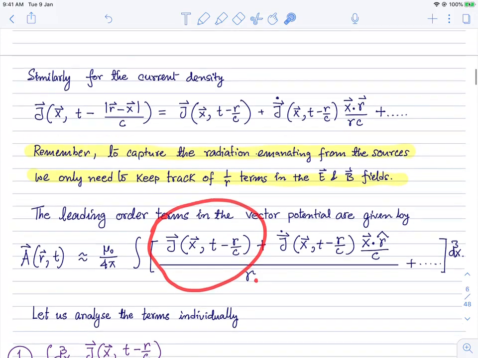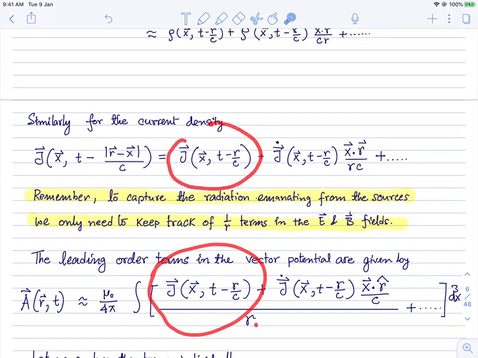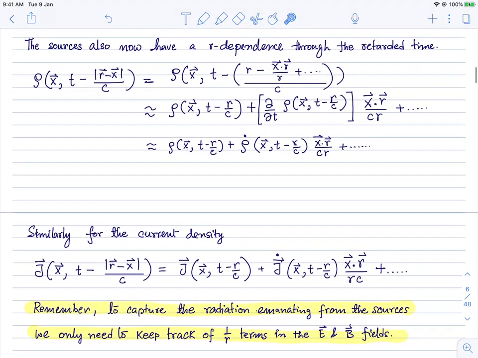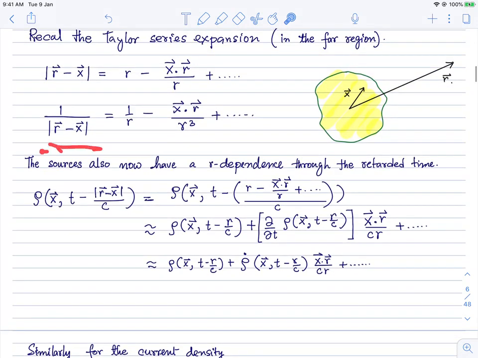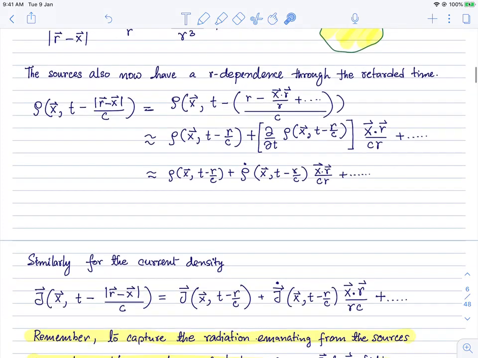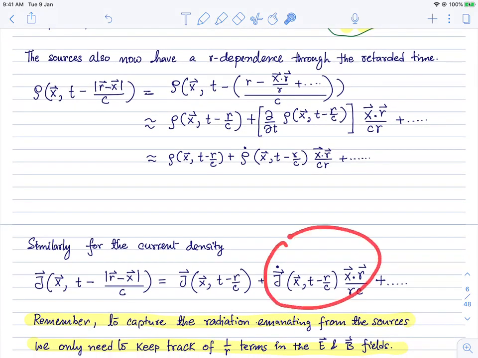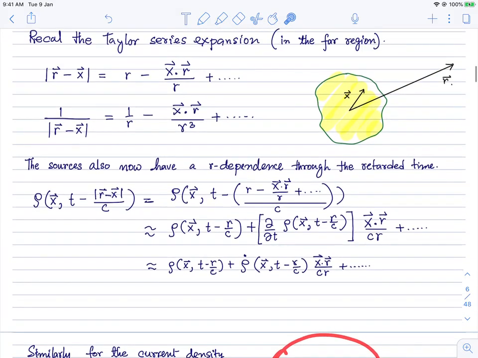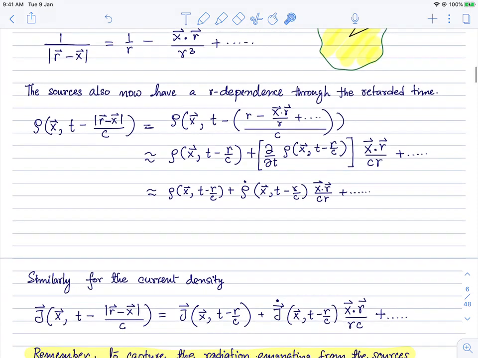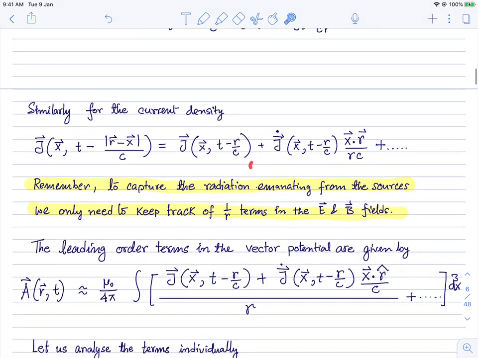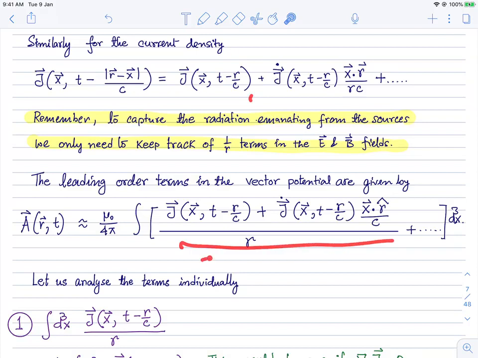If we expand j, this is the leading order term, and if we expand 1 over this quantity, the leading order term is 1 over r. The next term is j dot, which multiplies the leading order term to give a term which is j dot by r. These are the two terms that we are going to consider in this discussion.